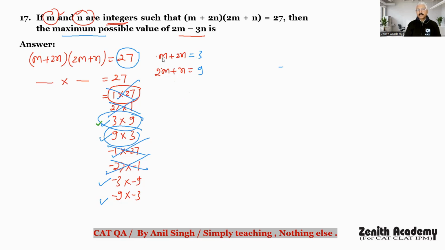So multiply the first by 2: twice m plus 4n is 6, and twice m plus n is 9. On subtracting, we will get 3n equal to minus 3.